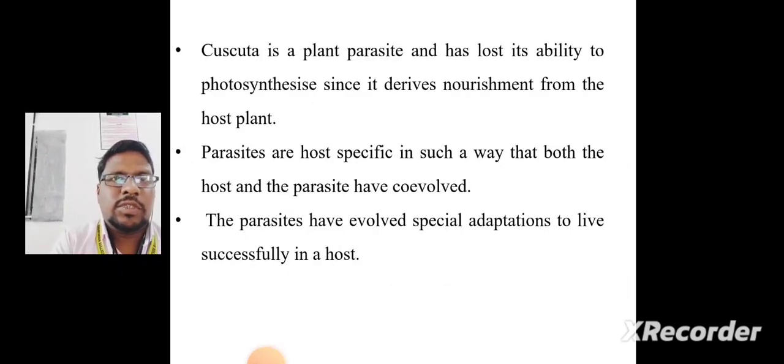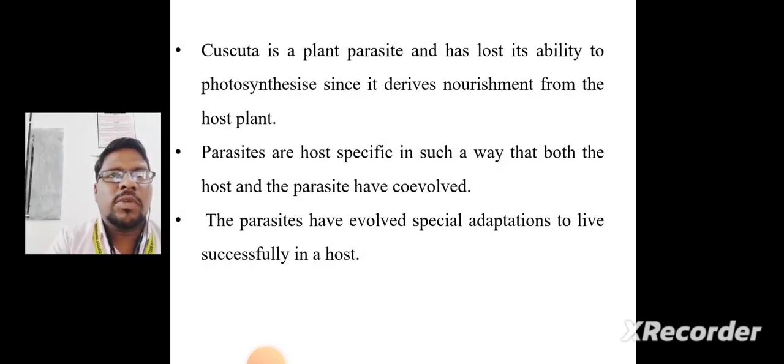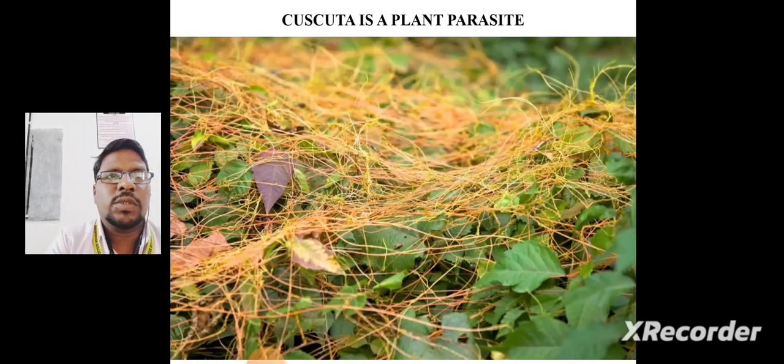Cuscuta is a plant parasite that has lost the ability to photosynthesize since it derives nutrition from the host plant. Parasites are so host specific that both host and parasite have co-evolved. The parasites have co-evolved special adaptations to live successfully on the host. So this is the Cuscuta plant, living on another plant.